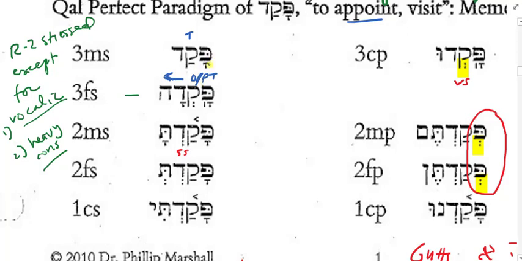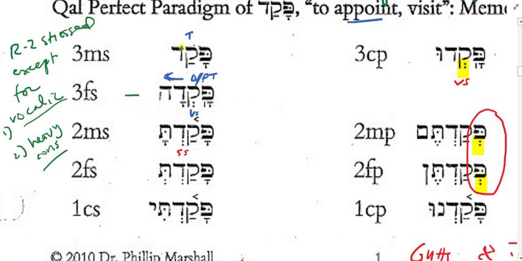The long A under the root 1 pe is going to stay long A, but because I have this qamets followed by a vocal shva, I will see a metheg frequently to tell you to pronounce that as the long A. So pakad and then pakada. Pakad, pakada. And that would be she appointed. Okay, so say that with me. Pakad and pakada. All right.